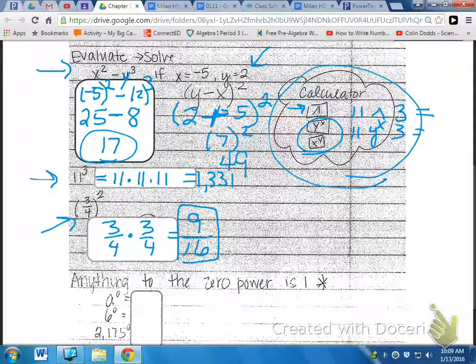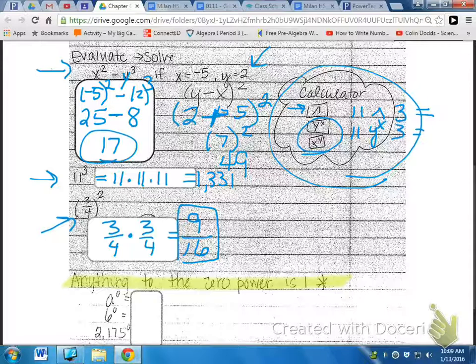Last but not least, something that I hope you remember forever, because you'll need this as you go on in math. Anything to the 0 power is 1. Okay, so that means this.